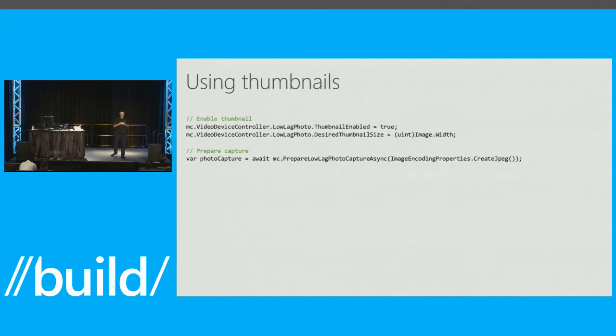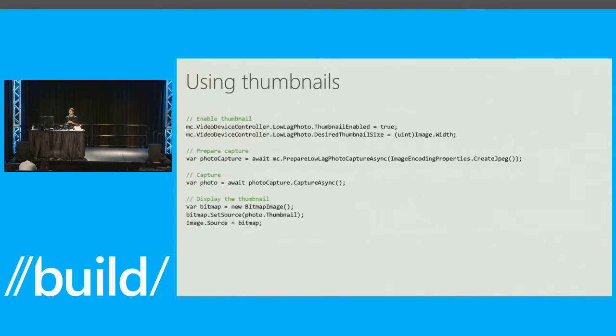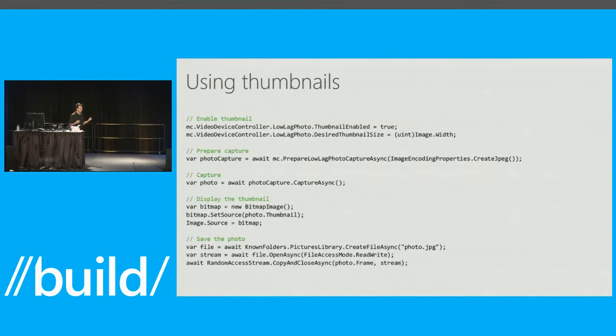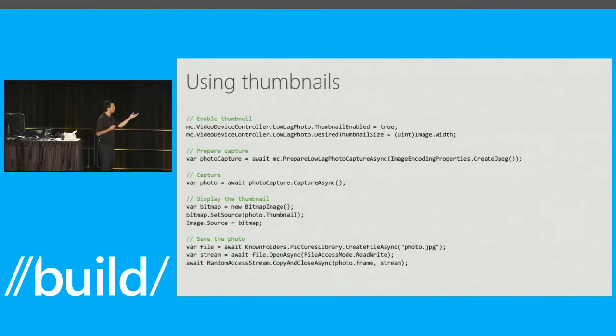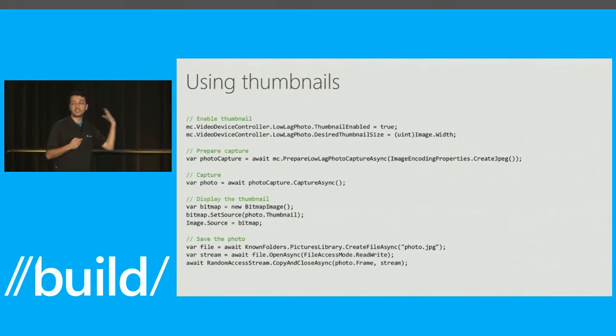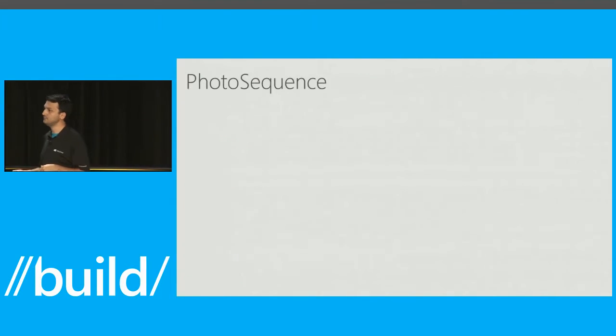And then I call the function that takes the picture, right? I wait for it. I create a bitmap that will hold all of this. And then finally, if I want to save the original file, which is living off of the photo.frame, I save the original file. But I get to display the thumbnail. So the performance is greatly improved from a UI perspective.